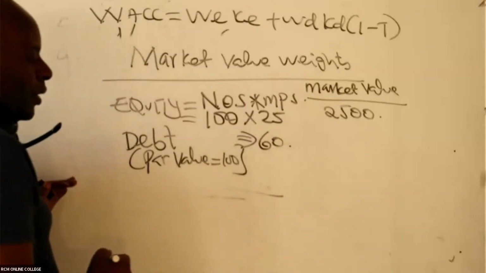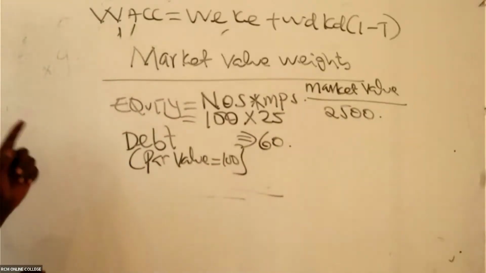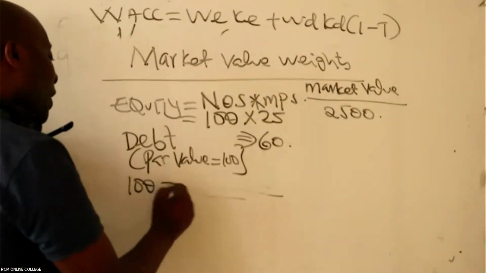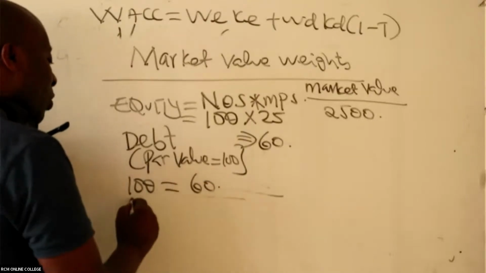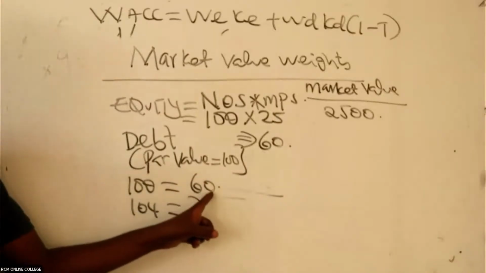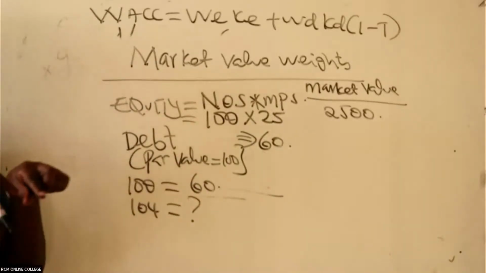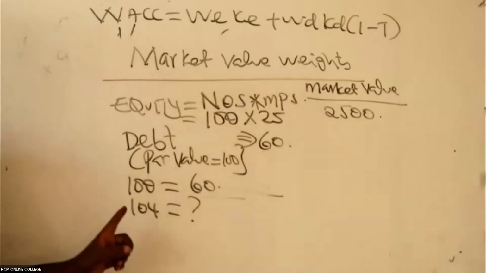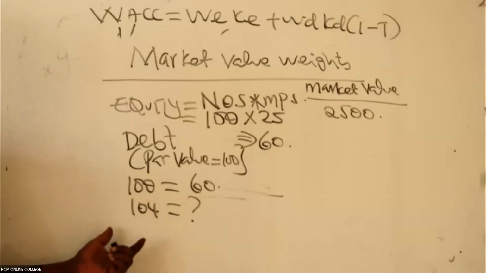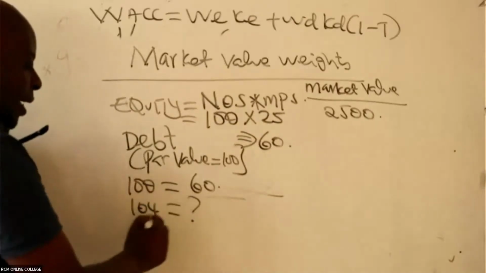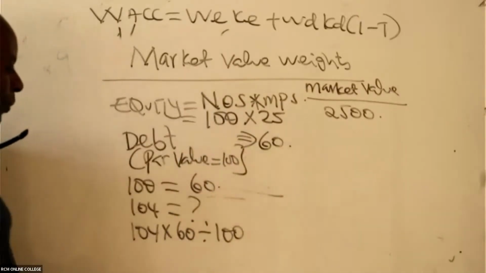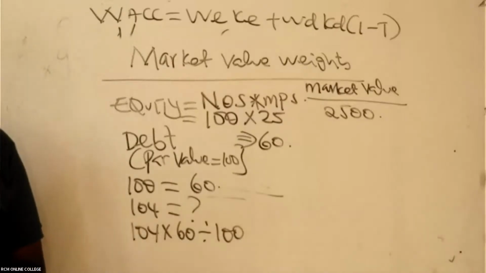The debt is normally very easy to get market value. You ask yourself, if a par value of 100 is giving you 60, how about a market value of 104? The market value will be 104 times 60 divided by 100.